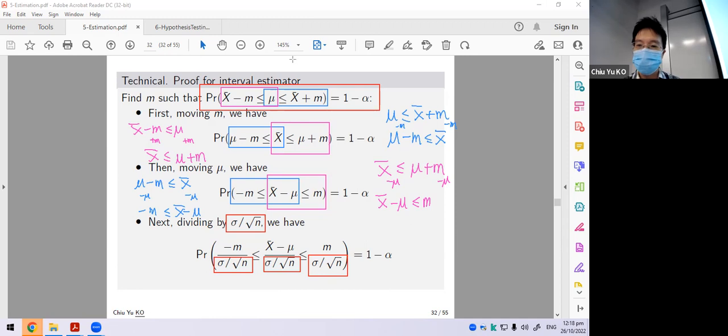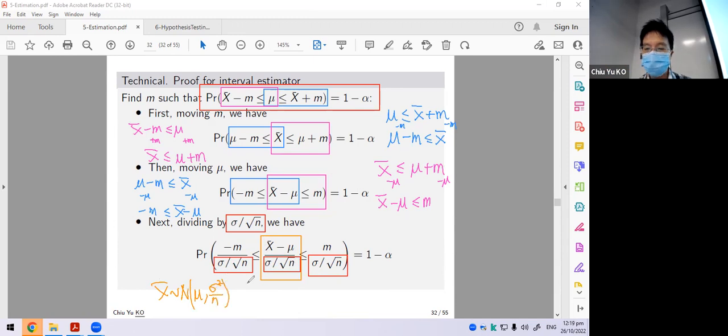Just to recall this guy, if we follow normal, because we remember the assumption at the beginning: x bar follows a normal distribution with mean mu and variance sigma square over n, right?